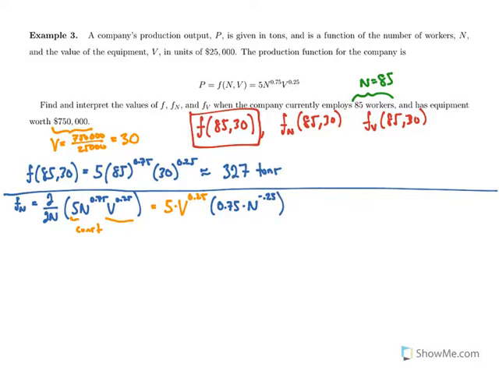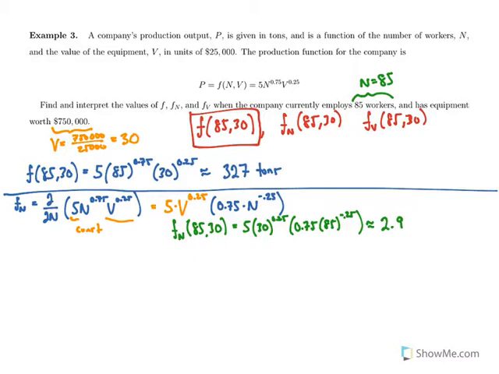And what I really care about is not so much that, but plugging in 85 and 30 into that function to give us 5, 30 to the 0.25 times 0.75, 85 to the negative 0.25, which is about 2.9.